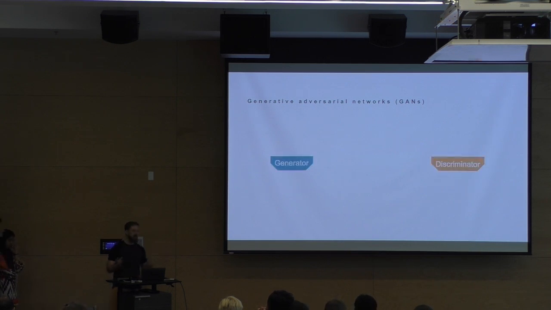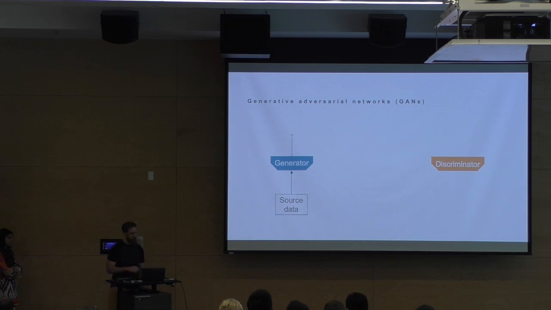So yeah, actually, Meltem and I wanted to organize a breakout session about GANs that we didn't manage to. So just to give you a high-level understanding of what GANs are actually doing. GANs are basically a combination of two networks, in our case two CNNs, which are kind of playing a game against each other. One of the networks is a generator network and the other one a discriminator network.